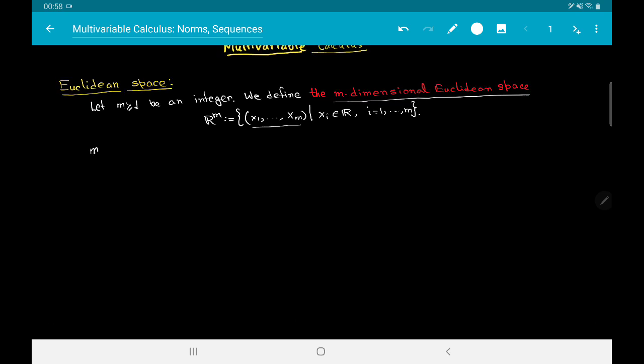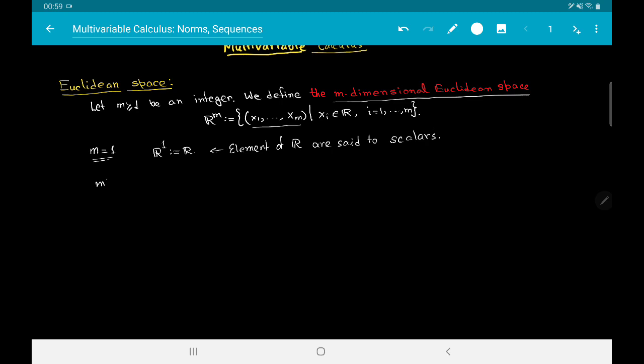When we take m equal to 1, Rm is nothing but R1, which is the same as our set of real numbers. In multivariable calculus, the elements of R are said to be scalars.